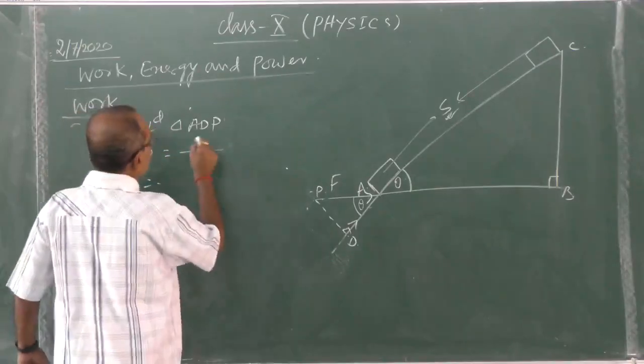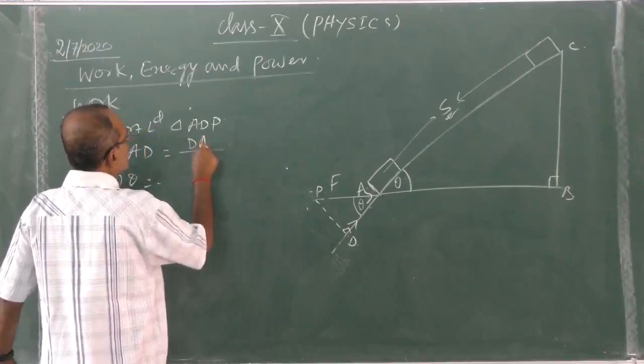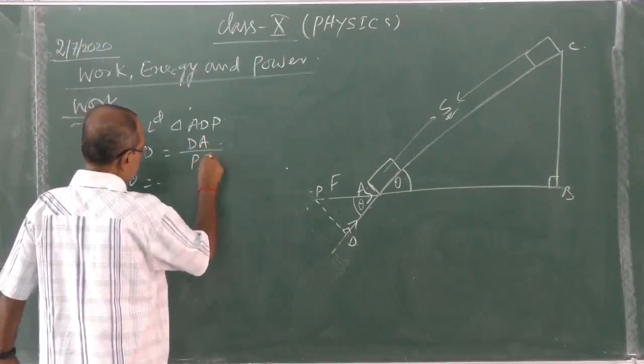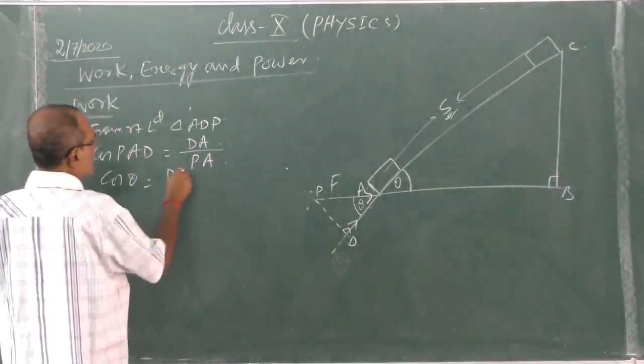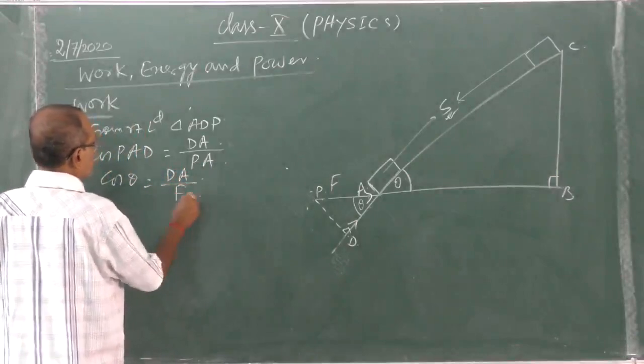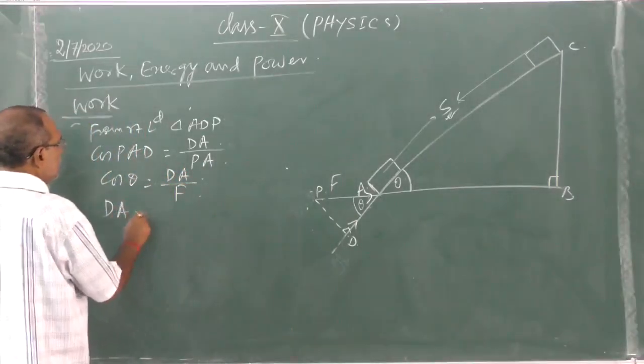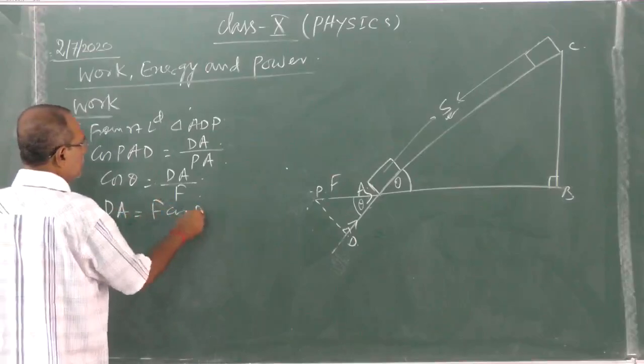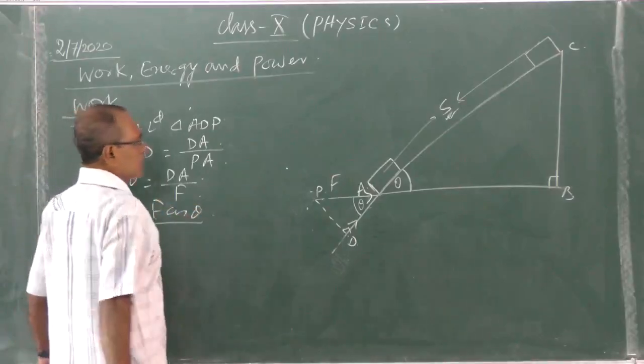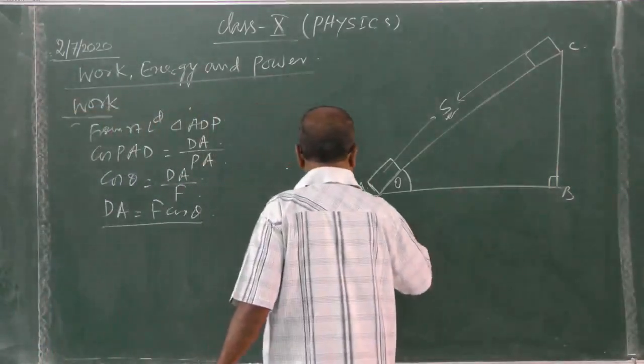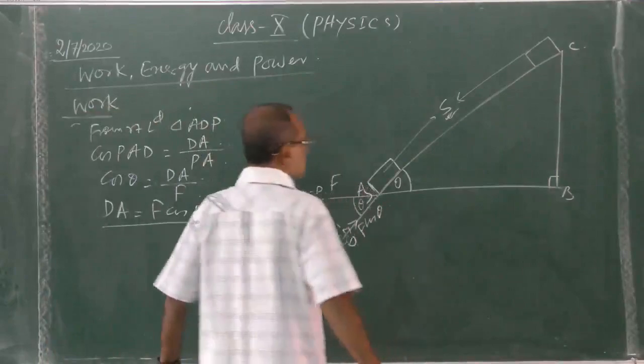So DA by F, therefore DA is equal to F cos theta. So along this direction, F cos theta.